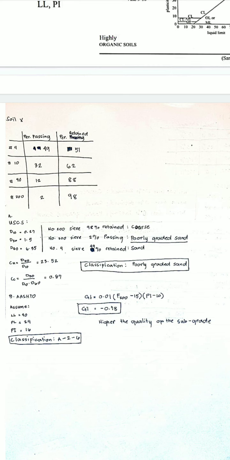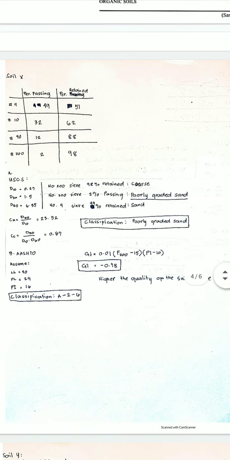I identify the values of CU and CC: CU is equal to 23.52 and CC is equal to 0.87. Using this data, I classify this soil as a poorly graded sand.